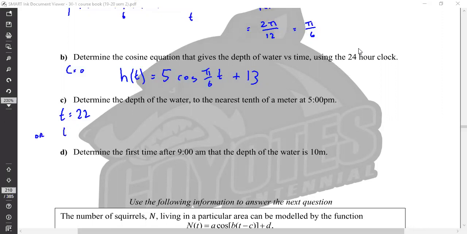Or we could even use t is equal to negative 2 hours because it's 2 hours before 7 p.m. So either way, this should work. So this is looking for h of 22. And h of 22 is going to be equal to 5 times cosine pi over 6 times 22, and then we'll add 13.